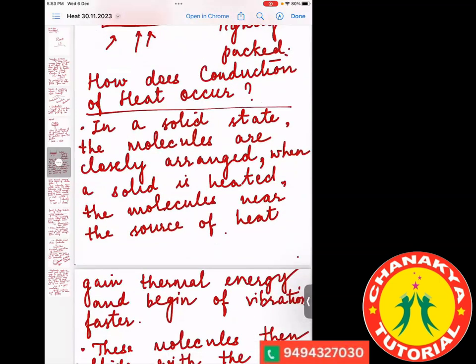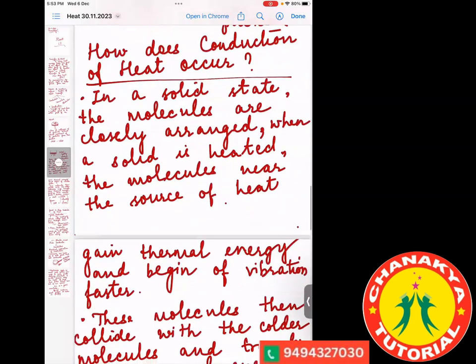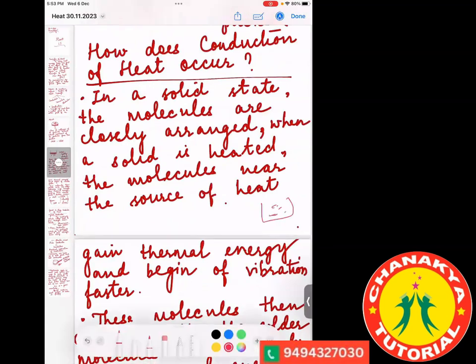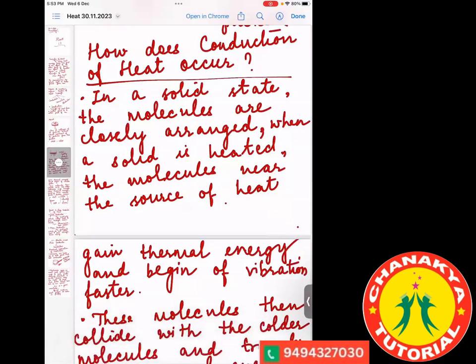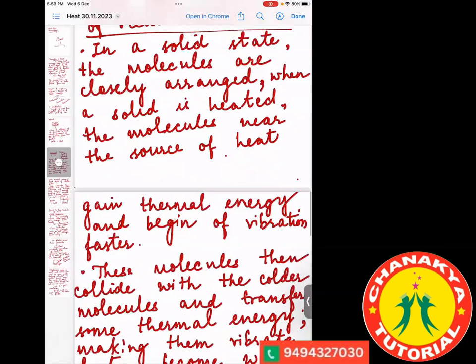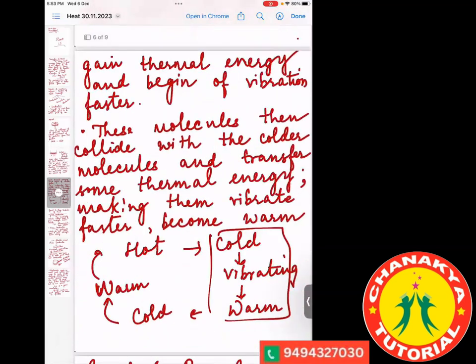When a solid is heated, the molecules near the source of heat gain thermal energy. The lower area gets heat first and passes it to the upper area, then the lower gets heat again and passes it up. This process keeps going until the equilibrium state comes.